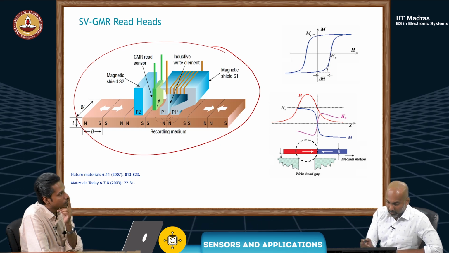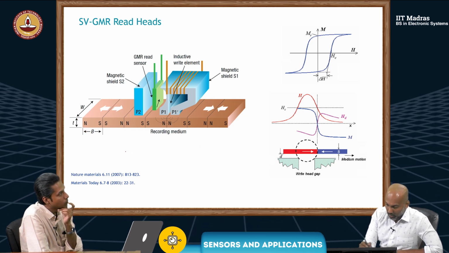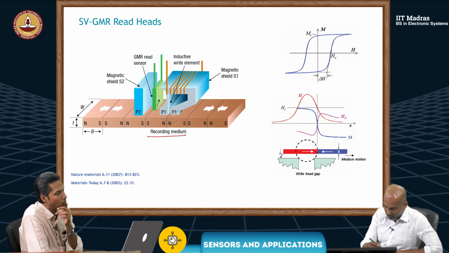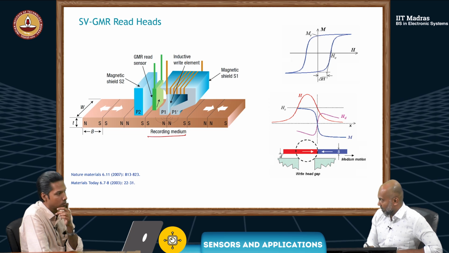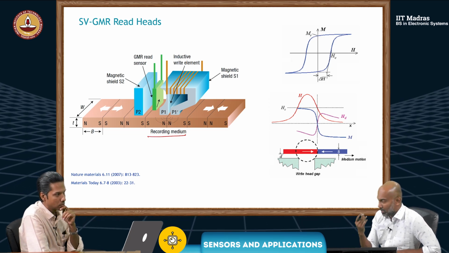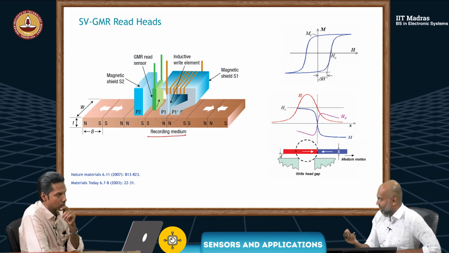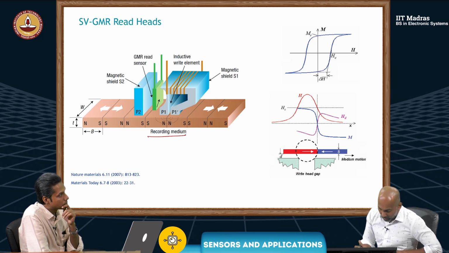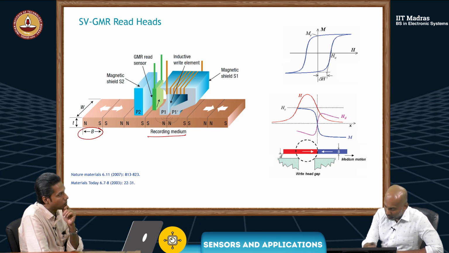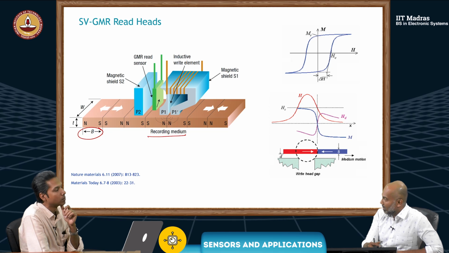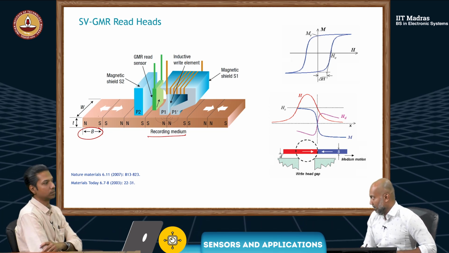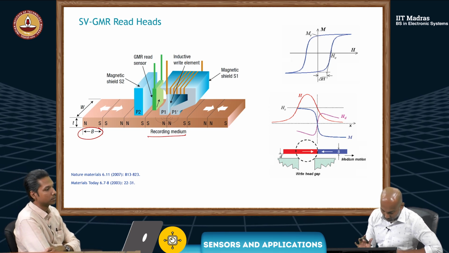If you look at this schematic, you have a recording medium, which has a certain width and a thickness. We can think of that as a very thin ferromagnetic medium. Each bit here represents one domain. So far, so good.